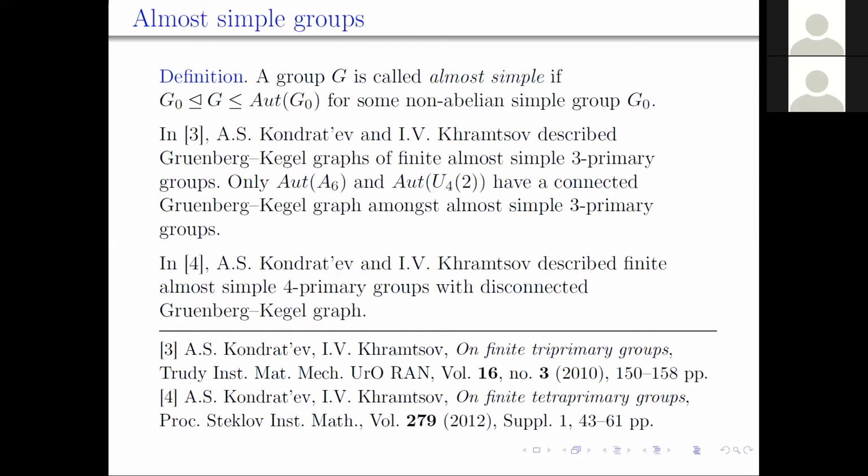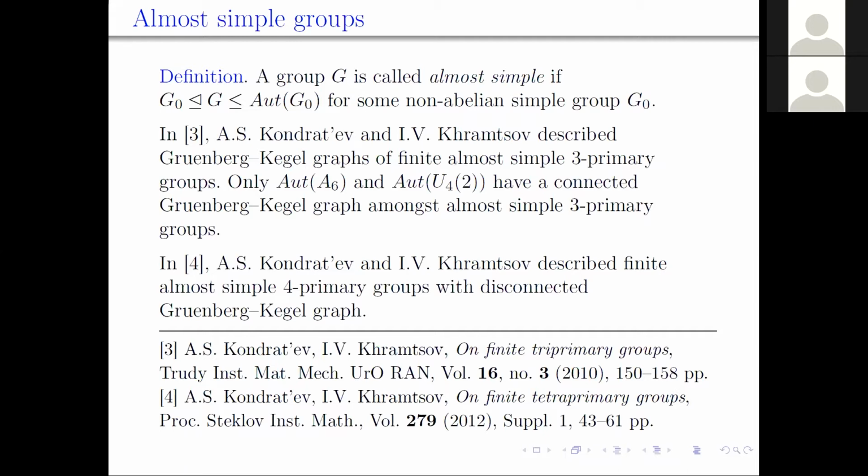In the first work were described Gruenberg-Kegel graphs of finite almost simple three-primary groups. Very interesting that only Aut(A6) and Aut(U4(2)) have a connected Gruenberg-Kegel graph amongst almost simple three-primary groups. And in the second work were described finite almost simple four-primary groups with disconnected Gruenberg-Kegel graph.